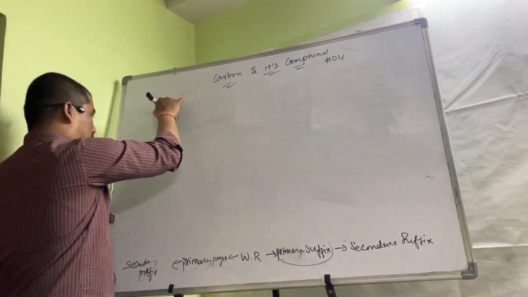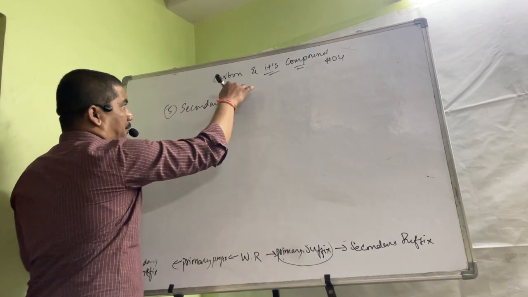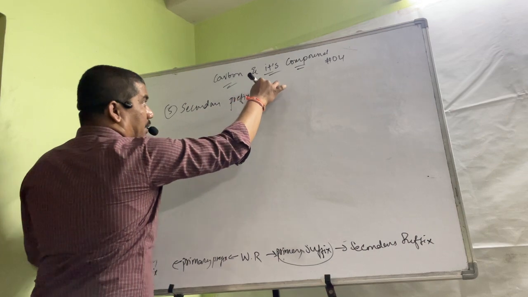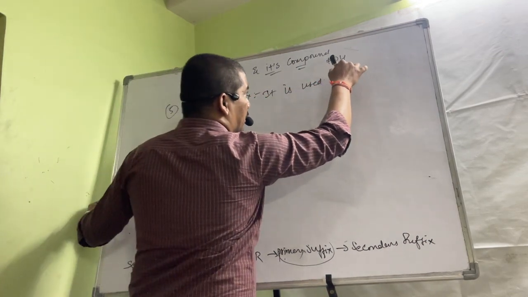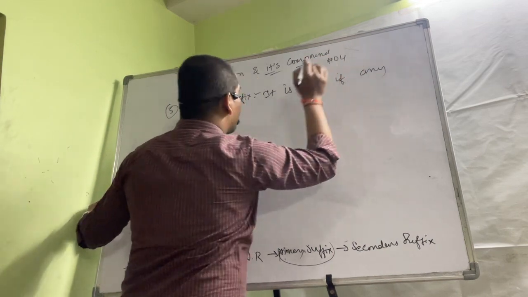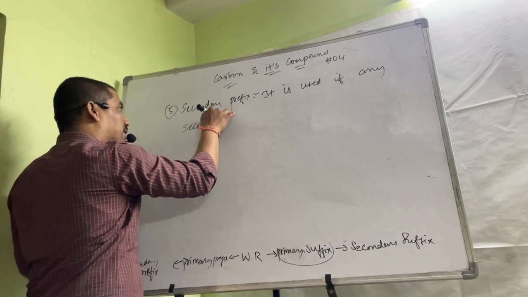Now, the fifth one is secondary prefix. It is used if any secondary functional group is available.